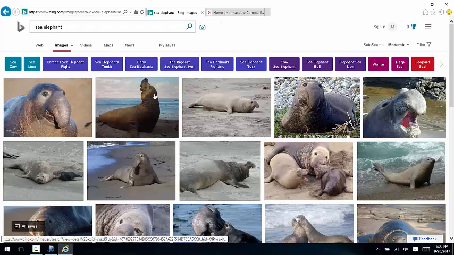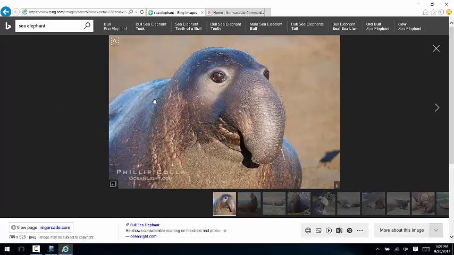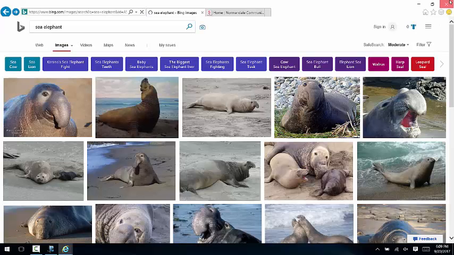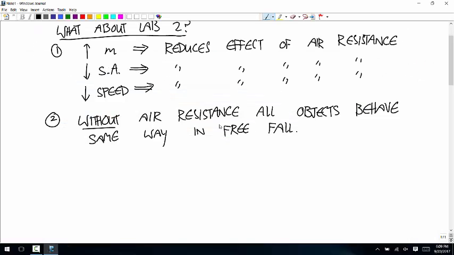They look like this. You might think that big nose might affect how they fall, but if there's no air resistance, it doesn't. Yeah. But not in a vacuum. Yes. But they can hold their breaths a long time.